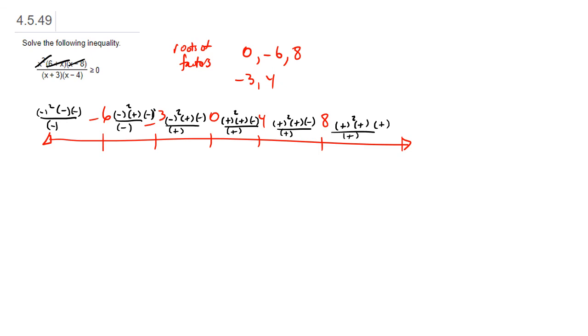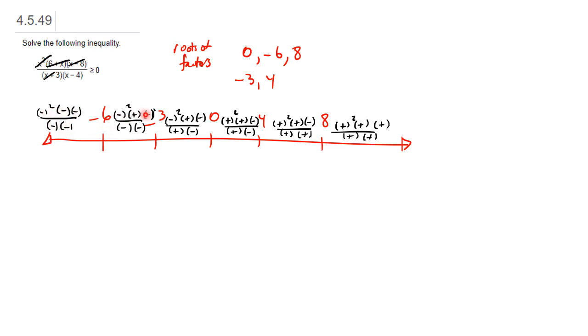And finally, the factor of x minus 4 changes at x equals 4. And now we can go through and count how many minus signs. Okay, so I have, in this first bit, I have 2 of them because it's being squared, 3, 4, 5, 6 of them, so overall that's positive.